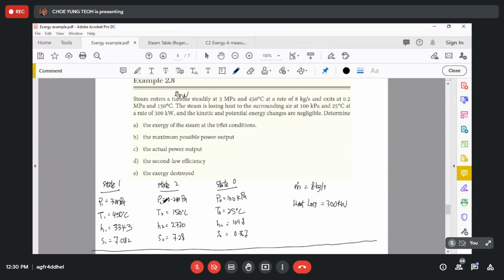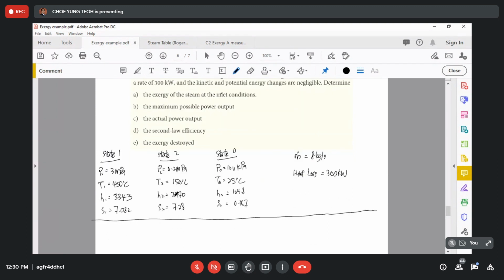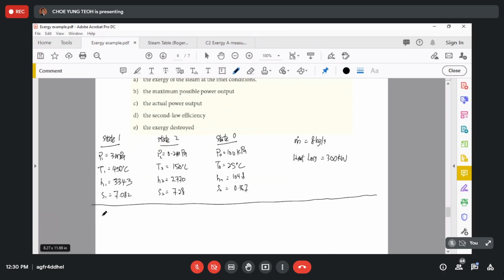So the first part, they ask for the exergy of the steam at the inlet condition. So you need to find x1.